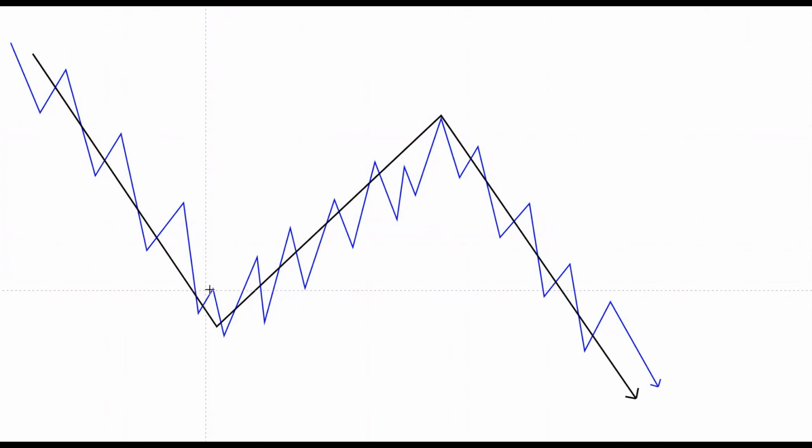Now, if our H4 breaks structure right here and I start to see a pattern of appreciation to the upside, I can certainly trade that trend because it's on my H4. But let's just say that, for example, our black line was instead our H1 chart and our blue lines were the M15 chart. I would not trade this simple break of structure right here to the upside if my overall picture was to the downside, right?